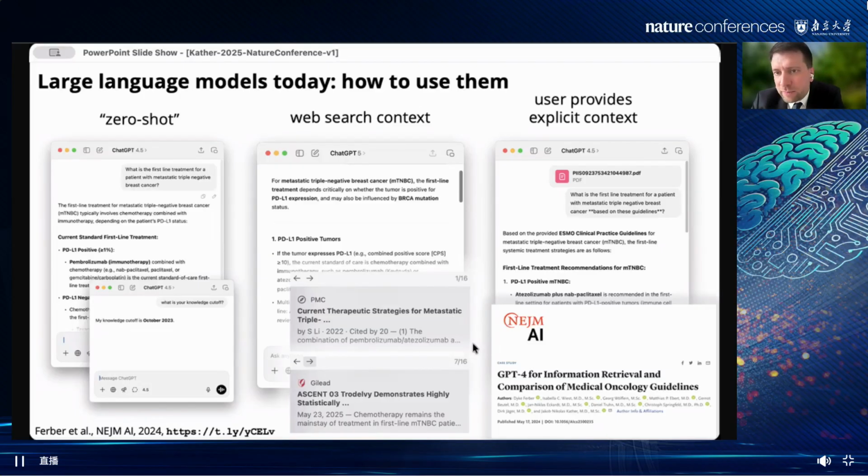It can be scientific articles, but it can also be press releases and other non-scientific sources. So a very safe way to approach this is to provide explicit context. So you take, for example, a medical guideline, you upload it to ChatGPT or a large language model, and then you ask a question based on this guideline. And as we have shown in this study here, this works really well for oncology decision making.